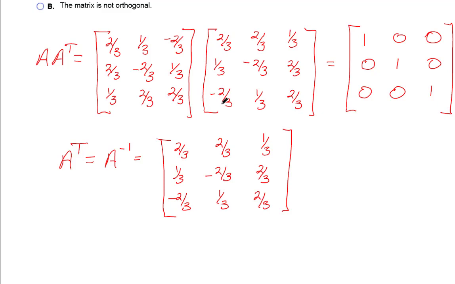So 4/9, 1/9, another 4/9, 9/9, and I get the 1. Now you can check all these other elements, but what you'll see is you exactly get the identity. So A transpose is A inverse. I don't have to find anything. I know exactly what A inverse is.